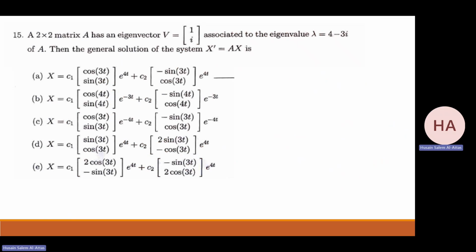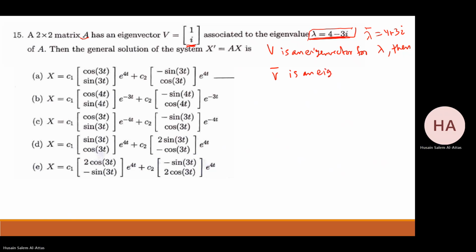Okay. Now what he said. Now he did not give me A, but he said A has an eigenvector associated to this eigenvalue. Then find the general solution. Be careful here. This eigenvalue is not the one usually we work with. Usually we should work with the other one, lambda bar, which is 4 plus 3i. If V is an eigenvector for lambda, then V bar is an eigenvector for lambda bar.